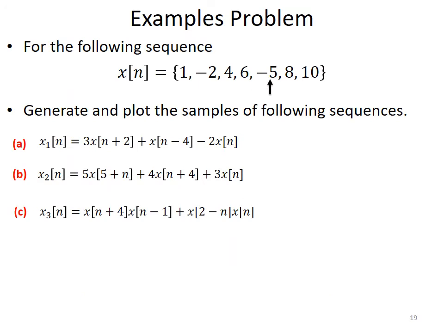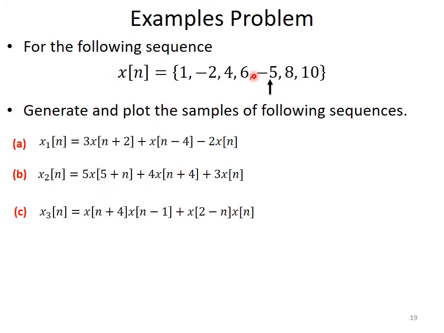Now these are some example problems in which different kinds of signal operations on independent and dependent variables are performed, and a new sequence is generated. What you have to do is, x of n is given here, and you have to generate and plot the samples of the following sequences after performing the operation specified here, right?